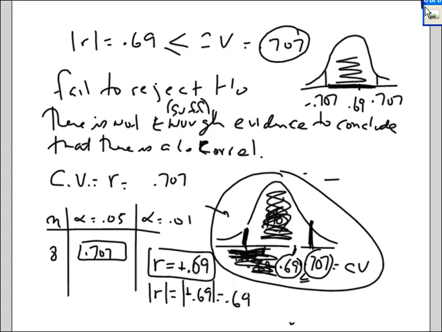Just always, when you make this up, always put the absolute value. Because any negative number, like negative 0.993, is going to be less than 0.707, but there's a problem there. It's also less than negative 0.707. So it has to be in between the plus and the minus that you get from your table. All right, I hope I made that clear or clearer. And that completes this section.